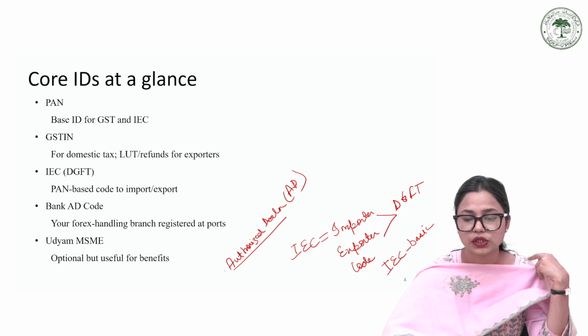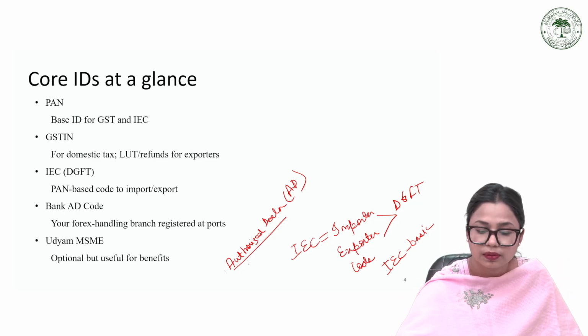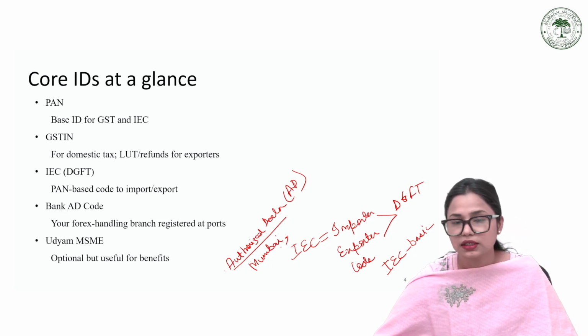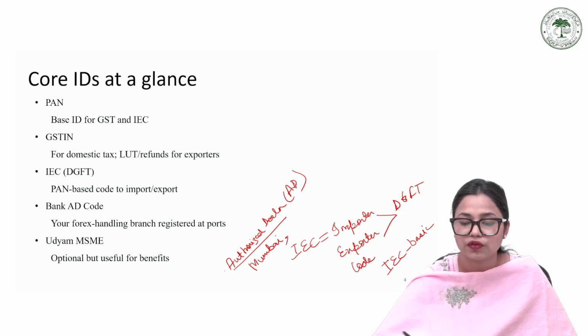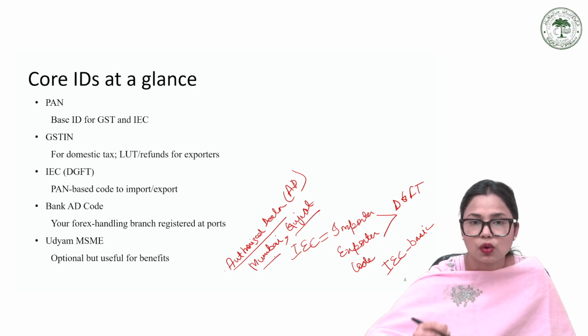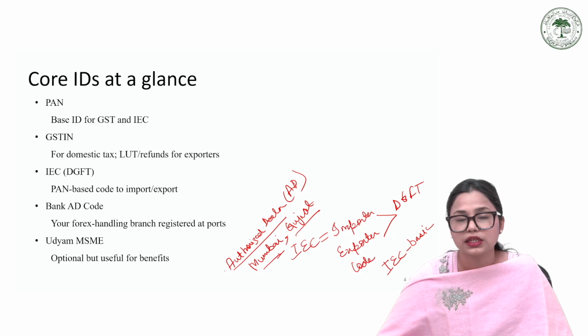So, in case you are trying to export your consignment from Mumbai port, and also you are making another consignment and shipping your consignment from Gujarat port. So at both of these ports, your Bank AD code must be supplied.